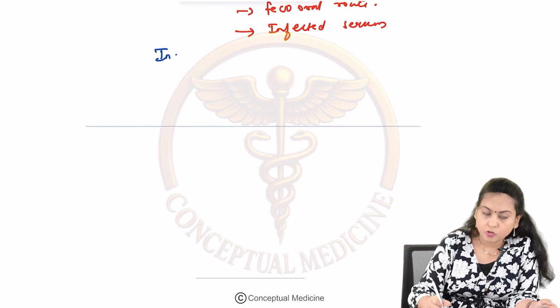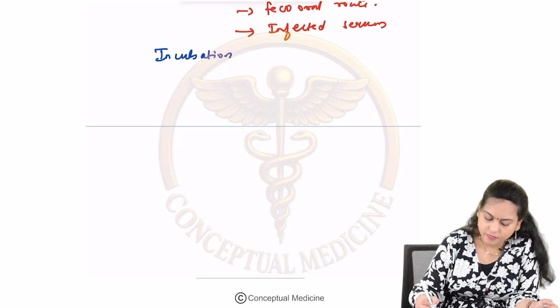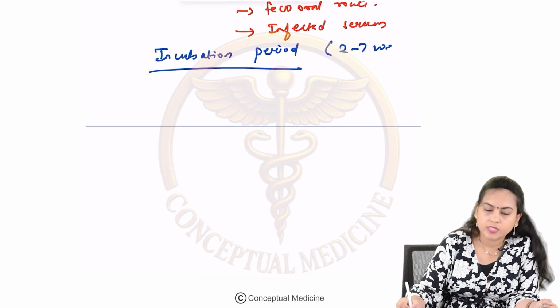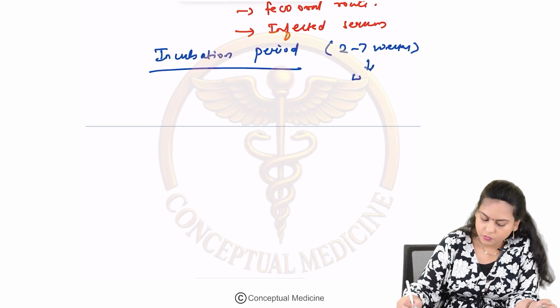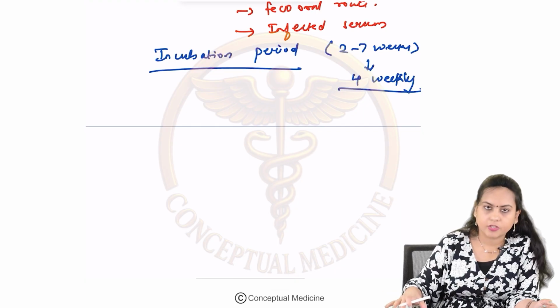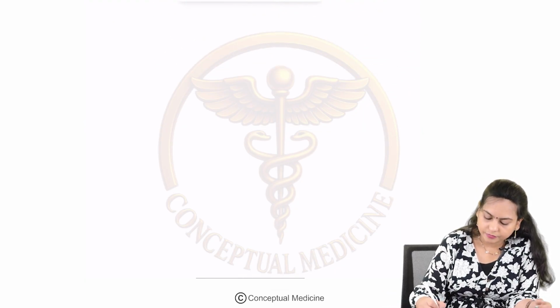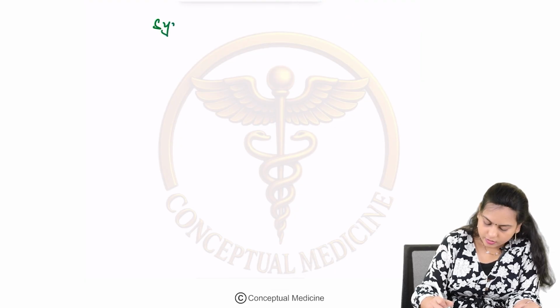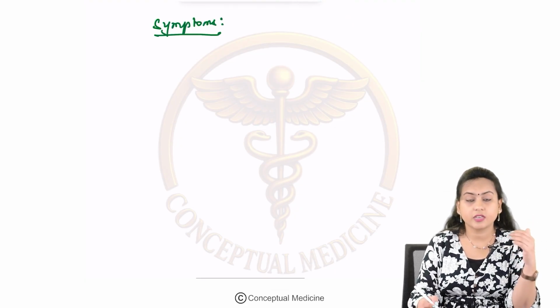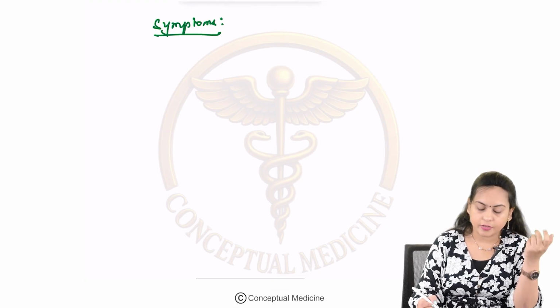The incubation period is anywhere between 2 to 7 weeks, but most commonly we can take 4 weeks as an average. The virus is shed in blood, saliva and urine also.